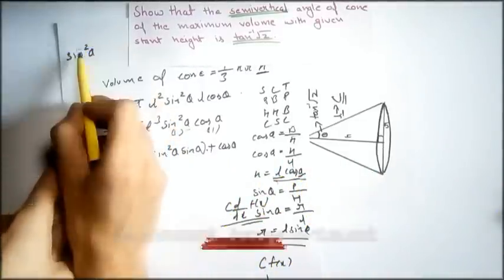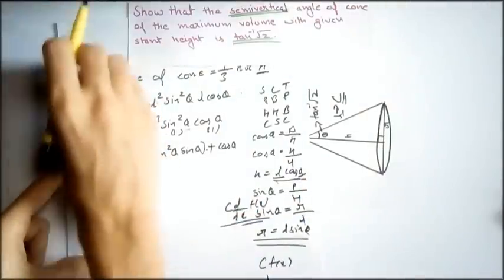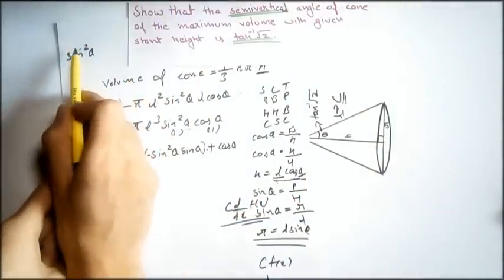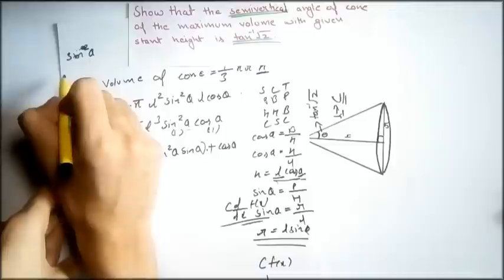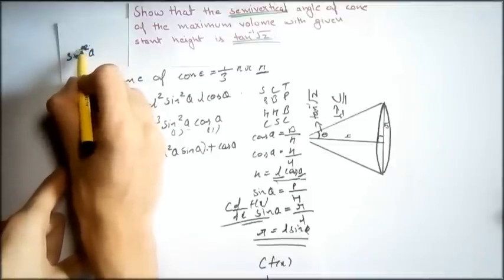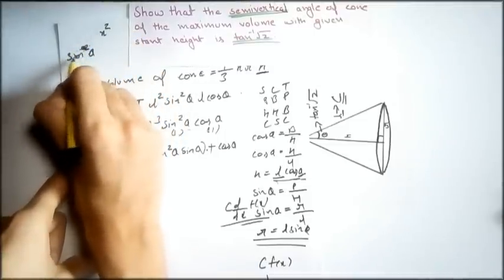Here we will use the chain rule. The chain rule says there are lumps of functions: one lump is the square, another lump is sine theta. First we have to find the differentiation of the square, x square, like this.